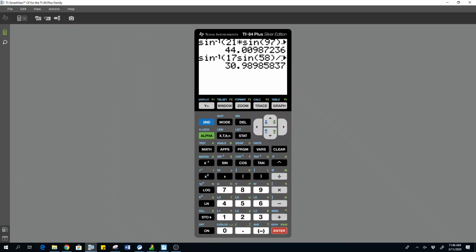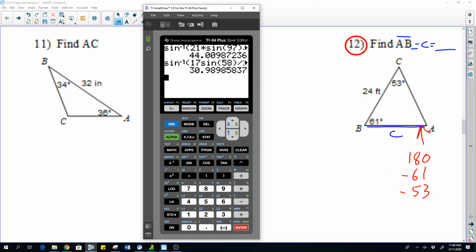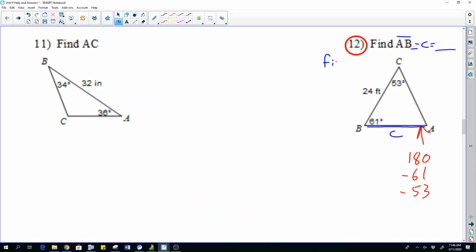We take 180 degrees, which is the full triangle, minus 61, minus 53. And so we get 66 degrees. So before we can even do number 12, step number 1 for this particular problem is you have to find angle A.